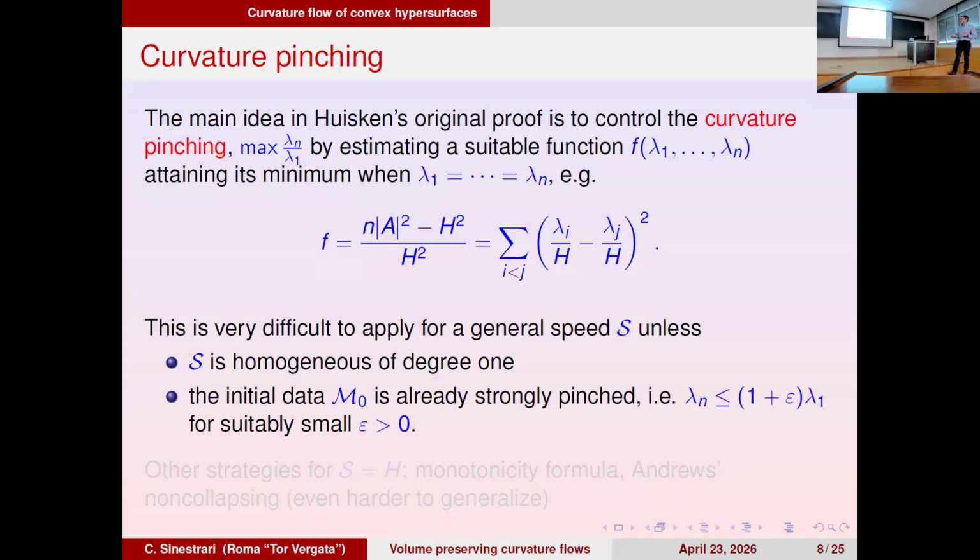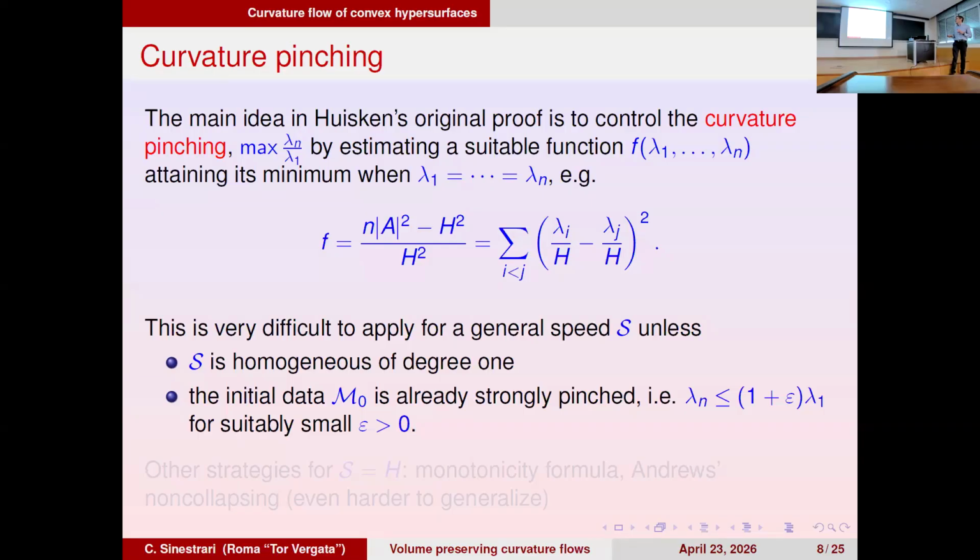If you consider a different speed of the curvatures and you want to use similar techniques, so using some pinching functions, some function controlling the pinching, you immediately notice that there are non-trivial analytical difficulties, so that you can only repeat the same kind of arguments if the speed is homogeneous of degree 1, or if you assume that the initial data is not just convex, but already has some suitably strong pinching.